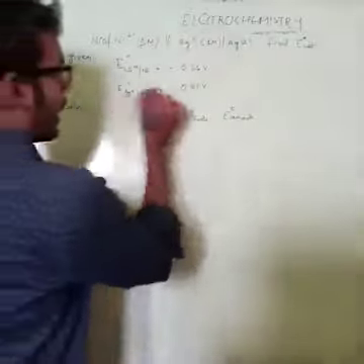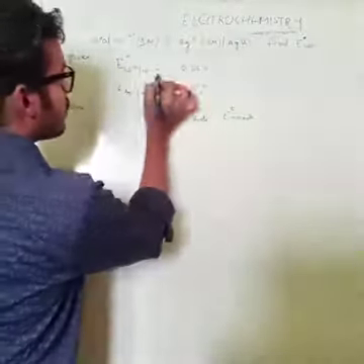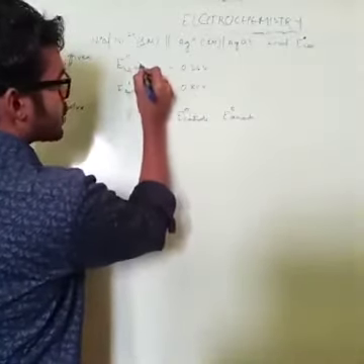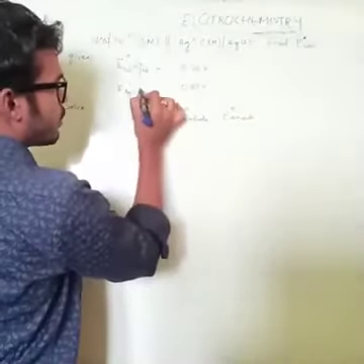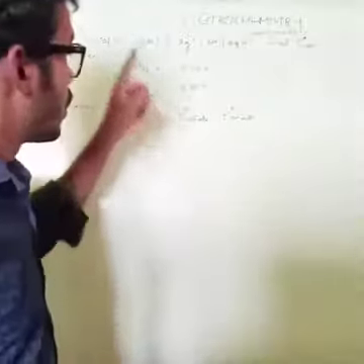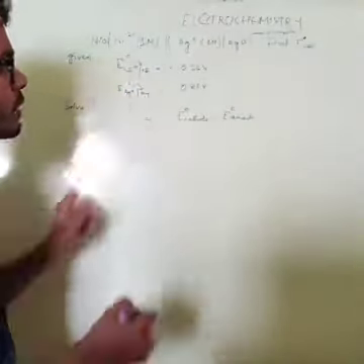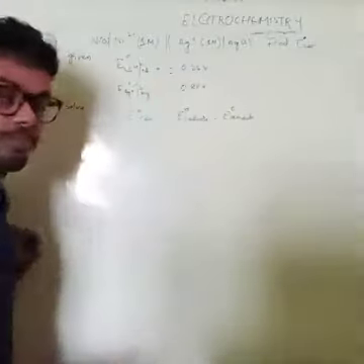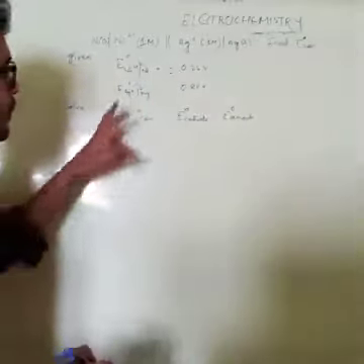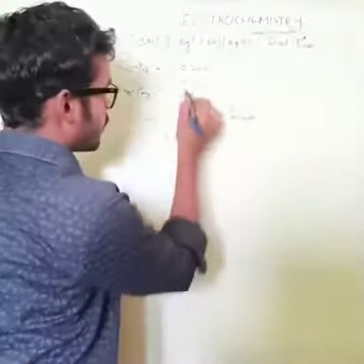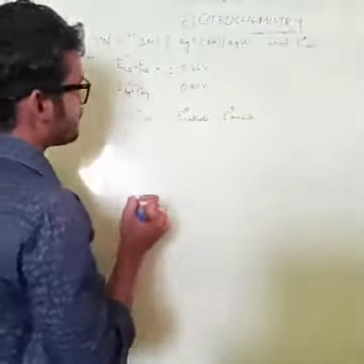Okay, and from this, what is it? Reduction potential. This is again reduction potential. And which one is the oxidation potential? This one, because of the negative sign. So this is the oxidation potential that we usually have to write here.